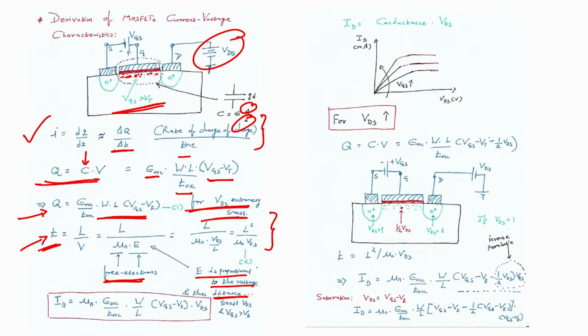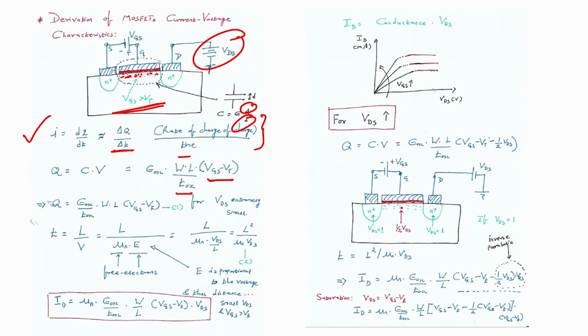This is my T value. Now, if I substitute this value, what will I have?